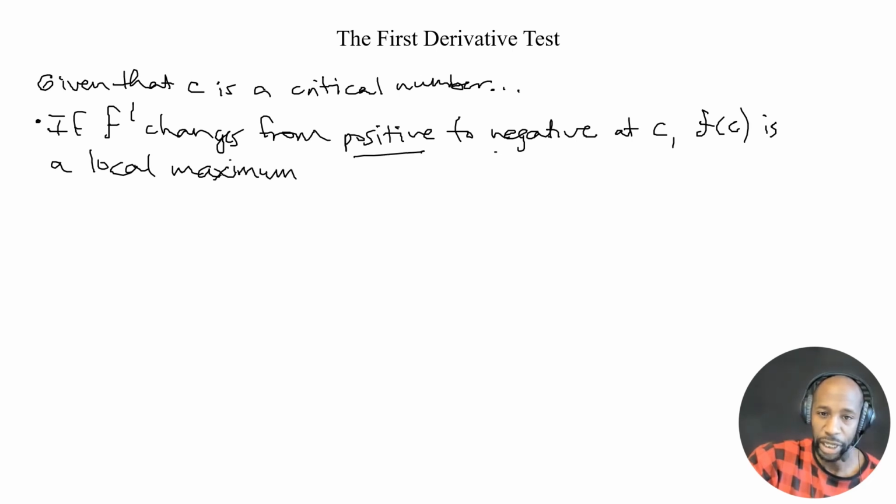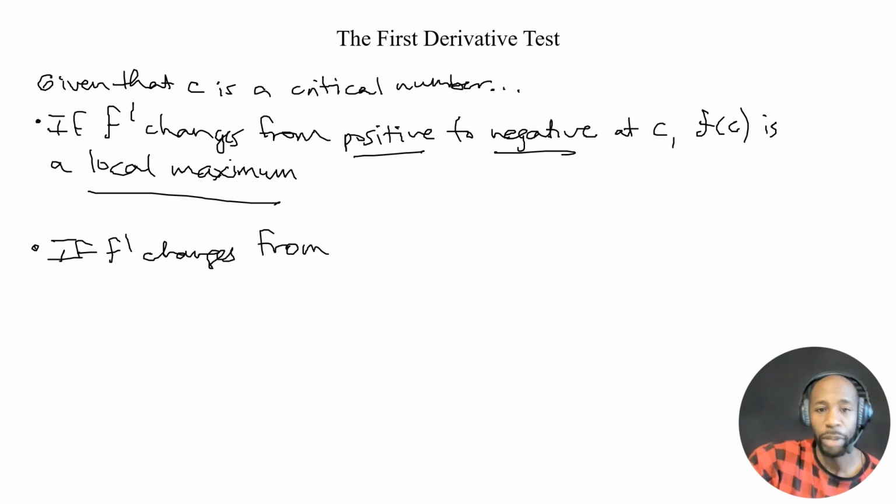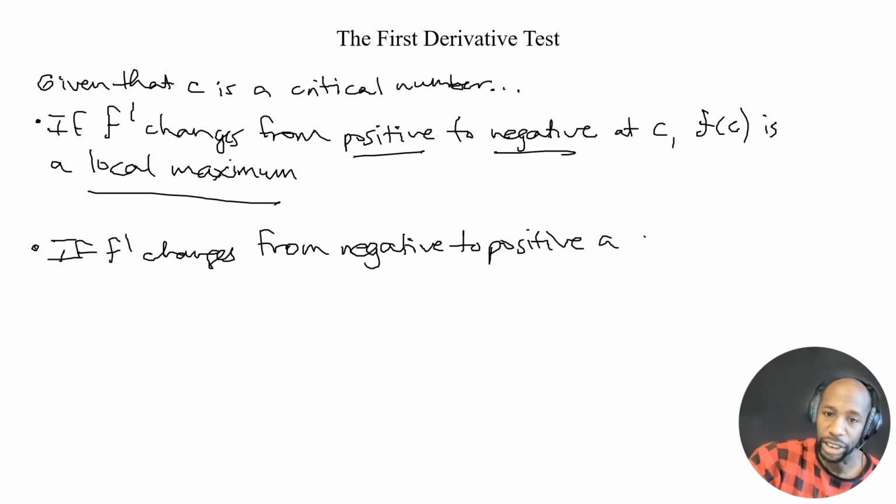So positive to negative is a local maximum. If the derivative changes from negative to positive at c, then the function at point c is a local minimum.